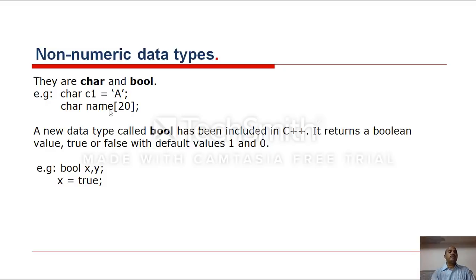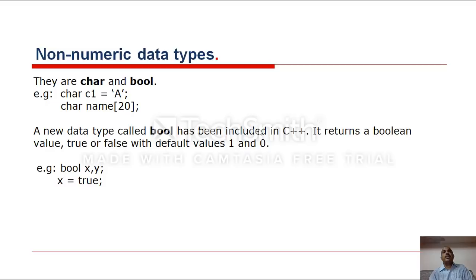A new data type called bool has been included in C++. It returns a boolean. Example: bool x, y. Here x equals true, and true means 1. Clear, all of you? False means 0.